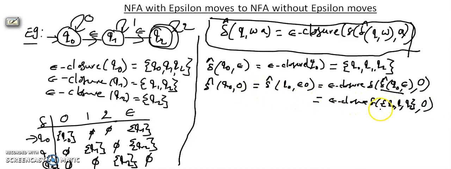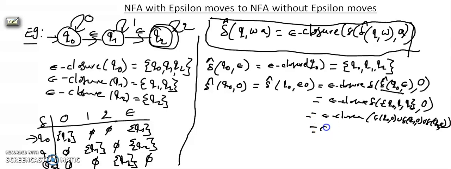Now this set is separated with this 0 by using union. So next, E closure of delta of Q naught with 0, union delta of Q1 with 0, union delta of Q2 comma 0.